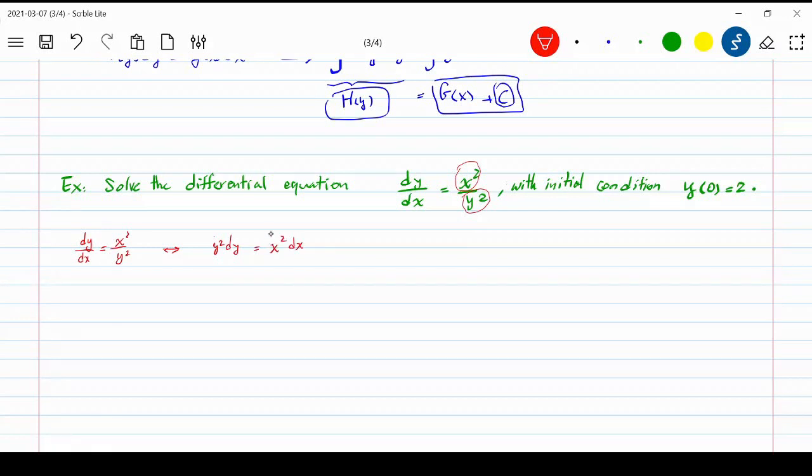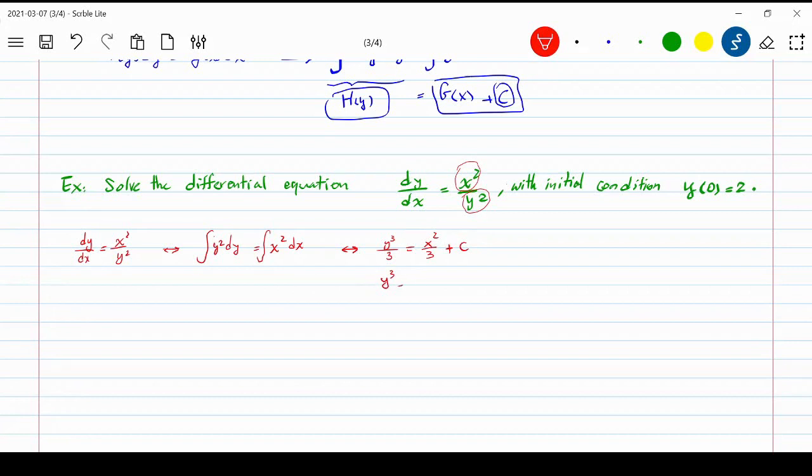And if we integrate both sides, the integration of y squared dy would be simply y cubed over 3, and the integration of x squared would be x cubed over 3. Assuming that you have some constant on the left side and some constant on the right side, you can assume that the constant is simply on the right side. Move everything to one side. Then you can multiply 3 to the whole equation.